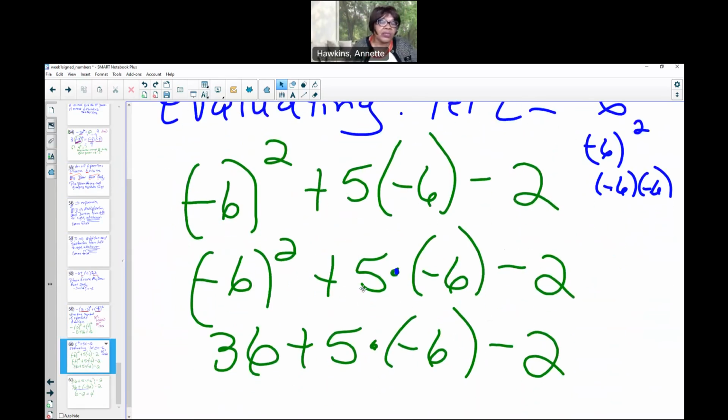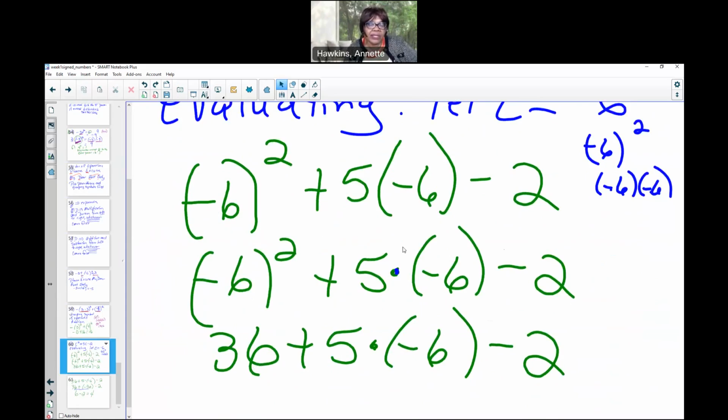Please excuse my dear Aunt Sally. Well, exponents come first. So negative 6 squared, negative 6 times negative 6, a negative times a negative is a positive. So this is positive 36. Now this is plus, and this 5 in front of this parenthesis means multiplication. So that's 5 times negative 6.